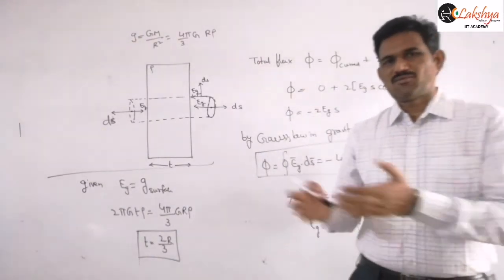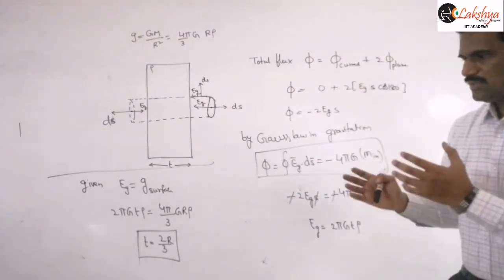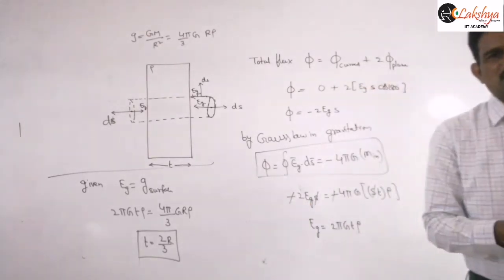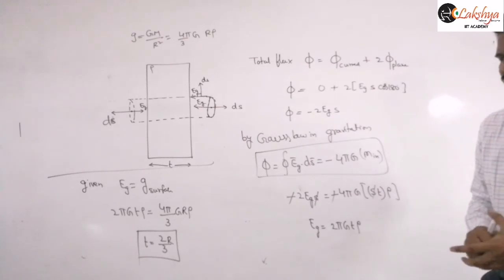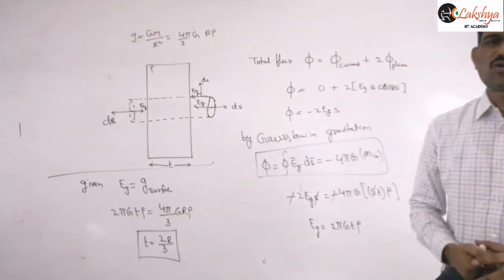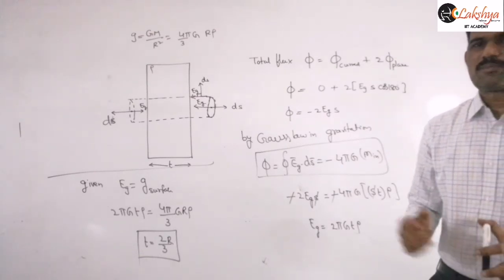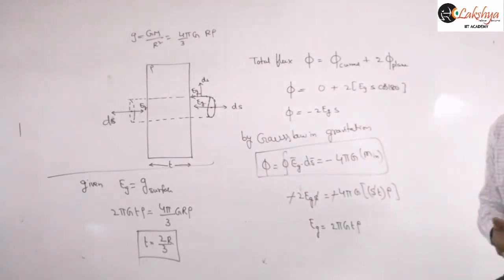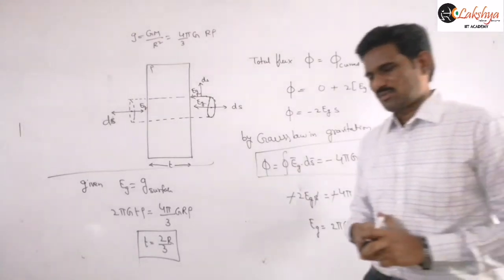If the plane has this much thickness, then it produces the same gravitational field as our present earth on its surface, where R is the radius of the earth. So like this we can apply Gauss law in gravitation, and particularly for this type of problem, Gauss law in gravitation is required.